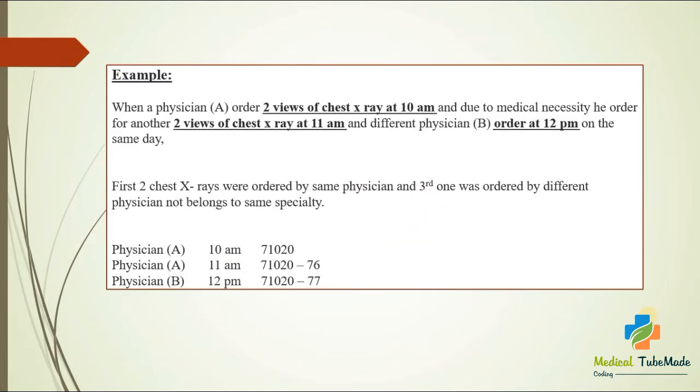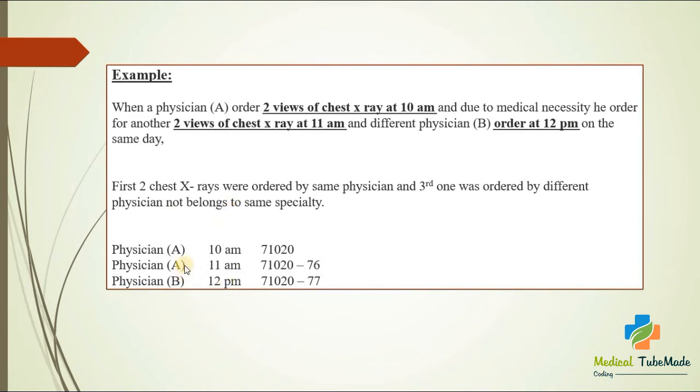One more example. Physician A orders a 2-view chest x-ray at 10 am, and due to medical necessity orders another 2-view chest x-ray at 11 am, and a different physician, physician B, orders one at 12 pm on the same day. The first two chest x-rays were ordered by the same physician and the third one by a different physician, not of the same specialty.